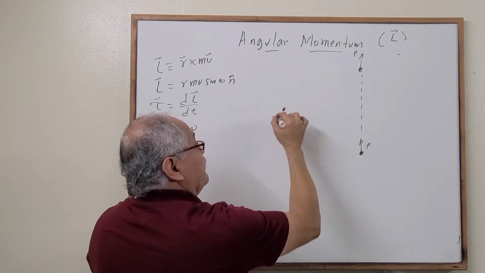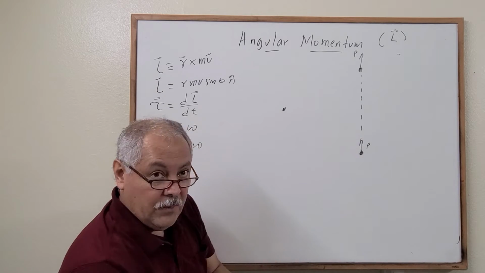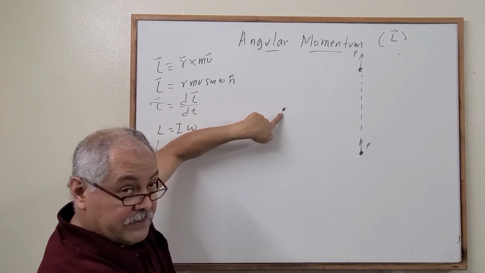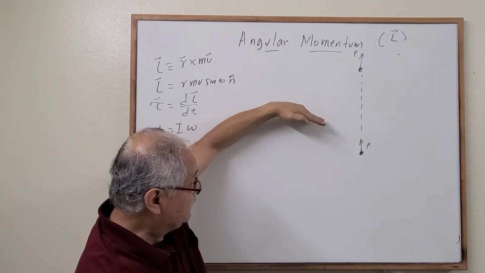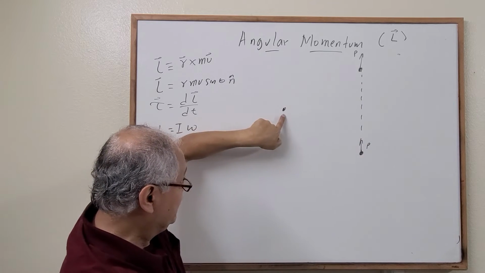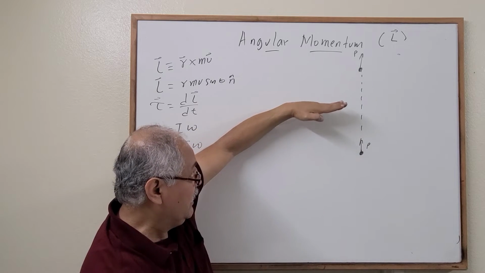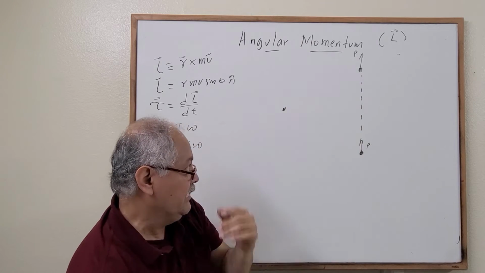And this is an observer, the origin. This observer sees that even though the particle has a linear momentum, it also has angular momentum, because it is covering an angle.